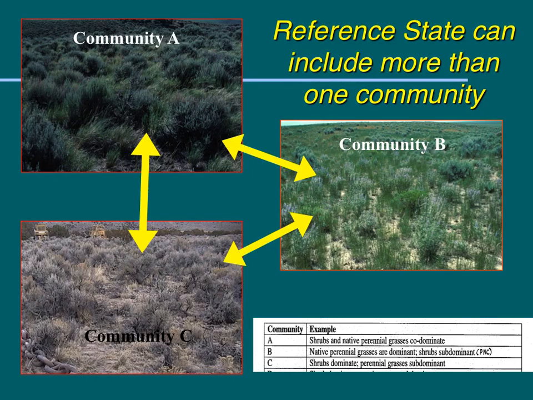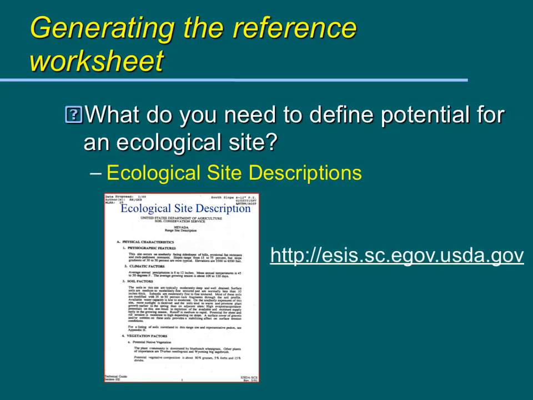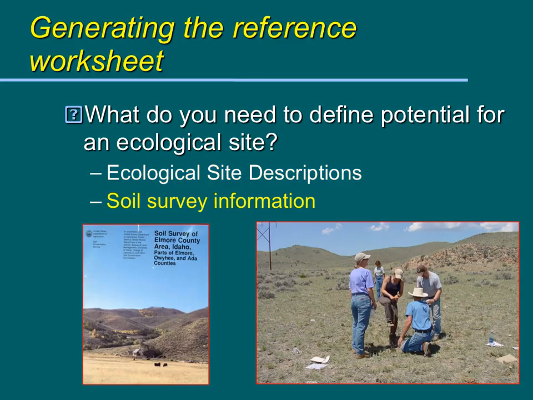So what do you need in order to actually say what the potential is for a particular ecological site? First of all, ecological site descriptions, and hopefully these will exist in some form, whether it is a pending form. The NRCS office may have a draft form of this ecological site description, but that is one of the initial keys to understanding what kind of rangeland you're on and what its potential capabilities are.